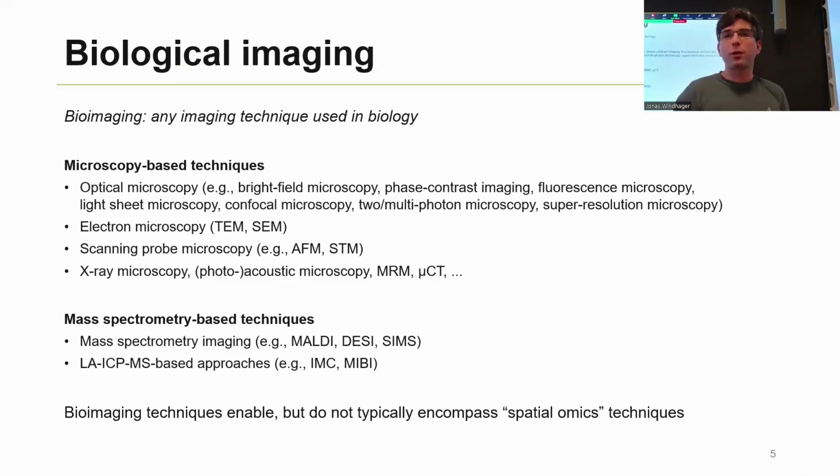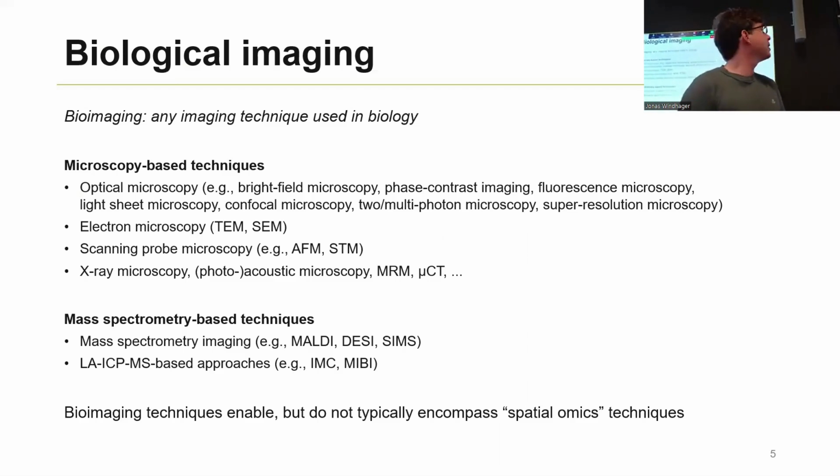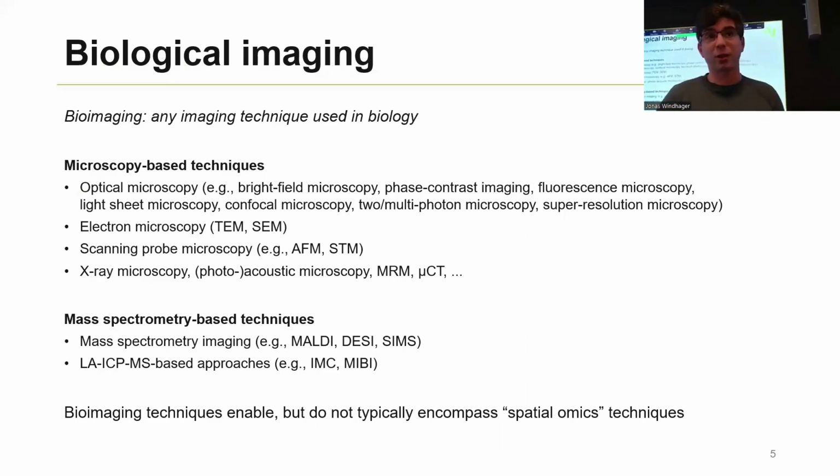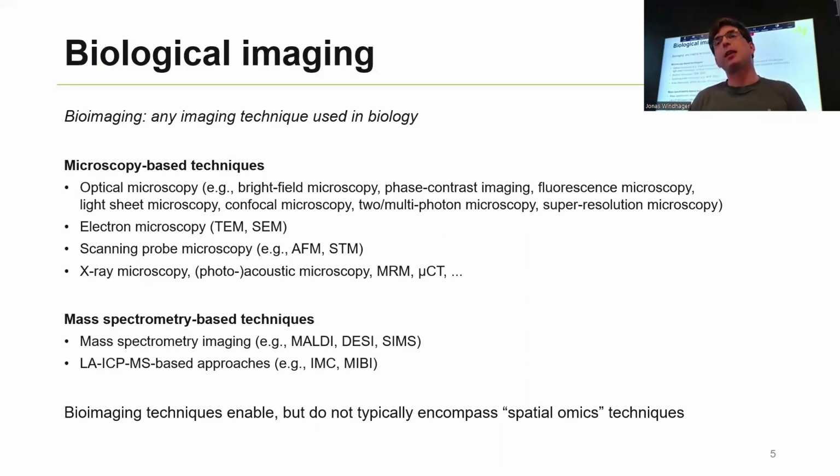They all work differently. Many are microscopy based, many are optical microscopy based, but there are also other techniques such as mass spectrometry based imaging. The techniques used to acquire these images are really vast, so any file format that wants to unify this has to deal with a lot of different requirements.